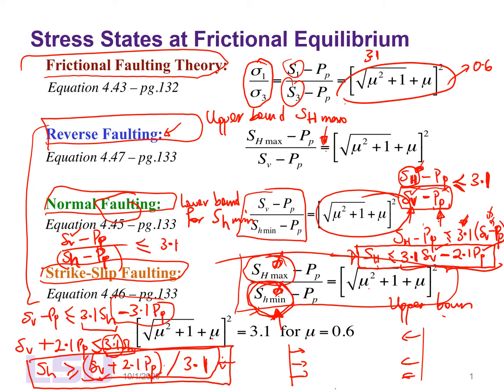But in general, we just say what you get from the strike slip faulting is not an upper or lower bound like in these previous two faulting schemes. What you have is a bound on this ratio, right? And that bound is that ratio will be less than or equal to 3.1.